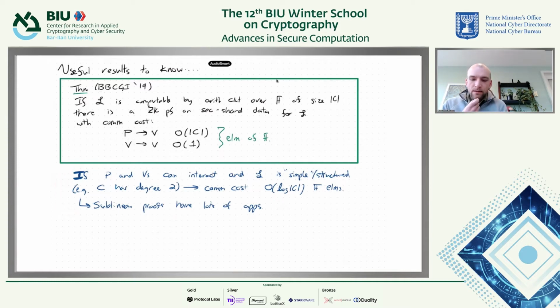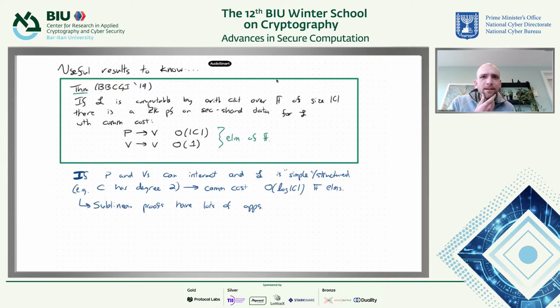And here that would be C communication, whereas here we're getting log C communication. So you're getting an exponential improvement. Even up here, it ends up being useful because the concrete efficiency of the protocol ends up being better. It ends up being a simpler protocol to achieve the same properties. But that's a great question.